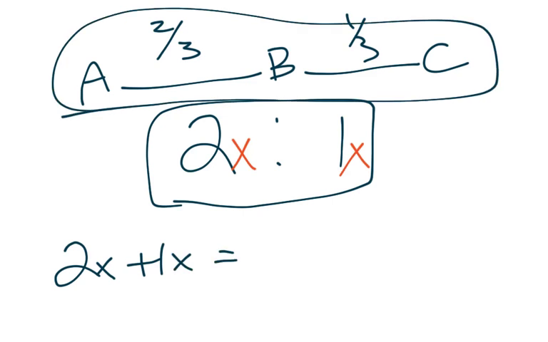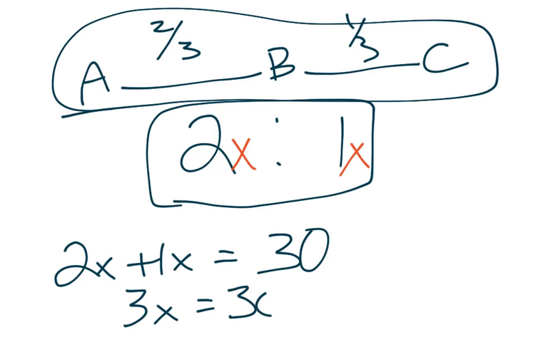So let's say AC was 30. Then each part would have to be 10. So this would be 2 10s, which would be 20, and this would be 1 10, which is 10. So let's just do an example, and hopefully it'll make sense.